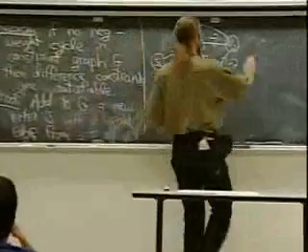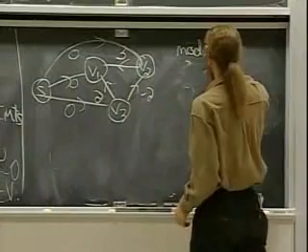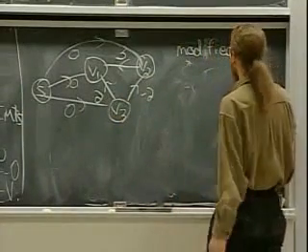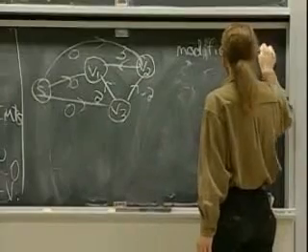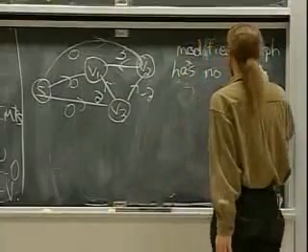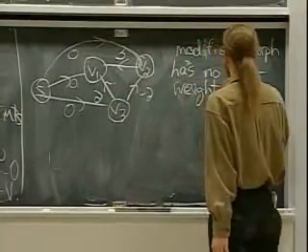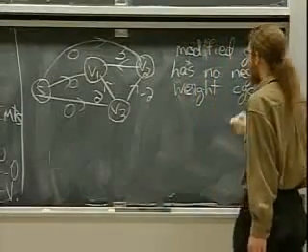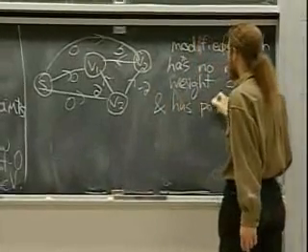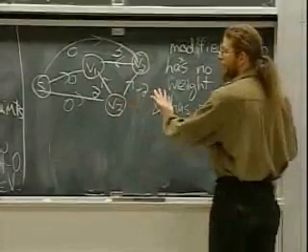So the modified graph has no negative weight cycles, because it didn't before, and it has paths from S. That's good, because it therefore has shortest paths from S. There's a path from S to every vertex.